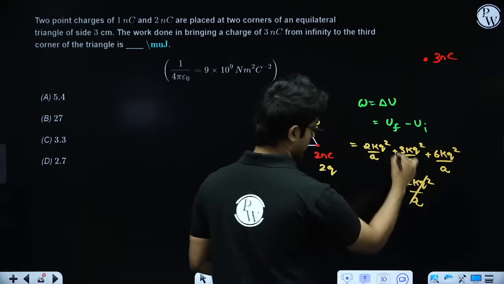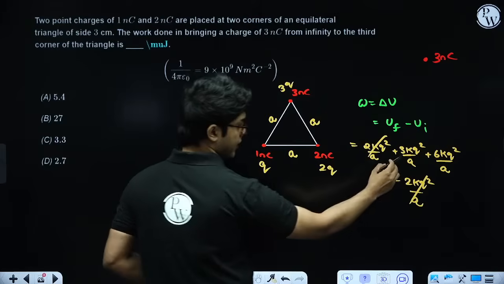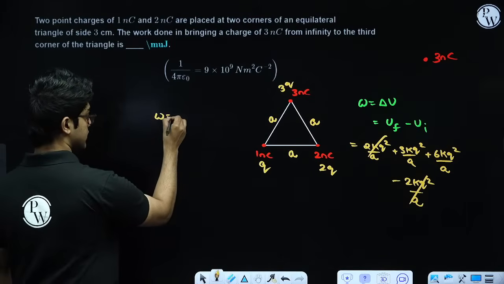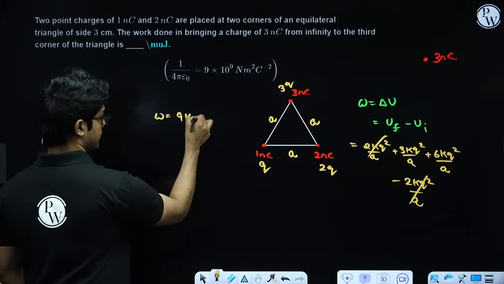So this cancels out with this, and the final answer is 9 KQ square by A. So the work external agent does is 9 KQ square by A.